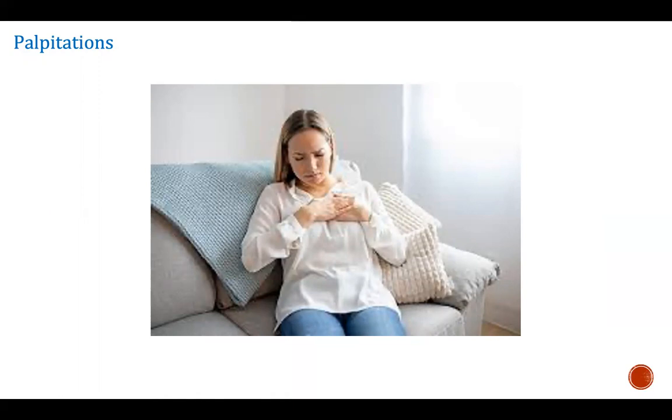And as I had already said, how about the associated intake of too much tea, coffee, or alcohol as well? These are very important things, and as I had said, they can even help you differentiate. For example, if someone says irregular palpitations, you can think of maybe atrial flutter with varying block or maybe atrial fibrillation.